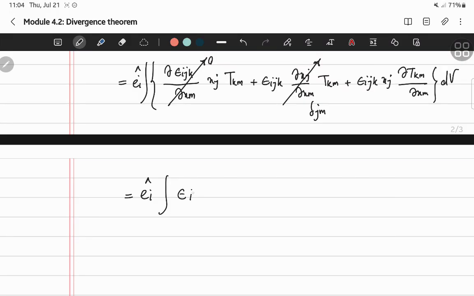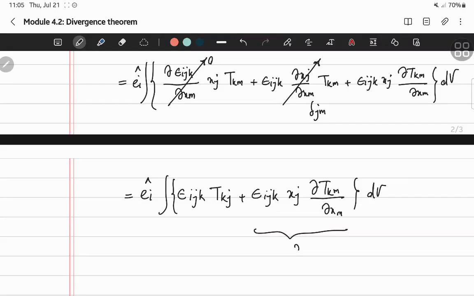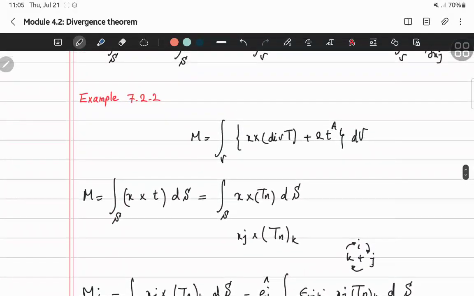So we have epsilon_ijk t_kj plus epsilon_ijk x_j partial derivative of t_km with respect to x_m whole dV. And if you see here, this is nothing but x cross the divergence of t. So we already found this part, and we have to find this part.